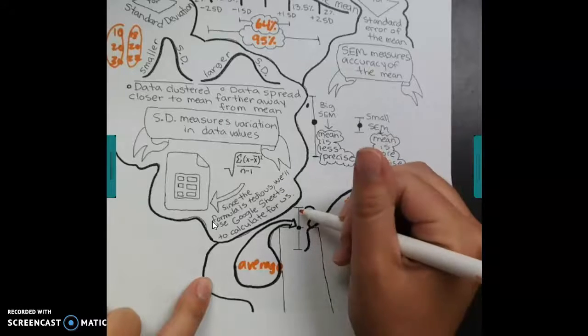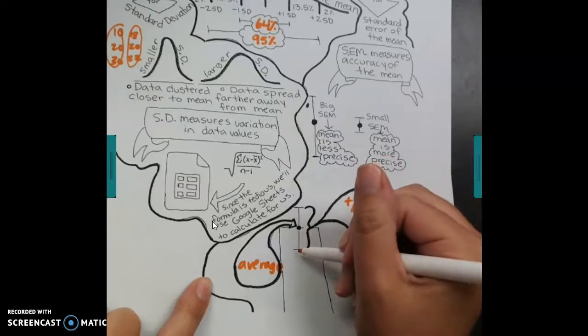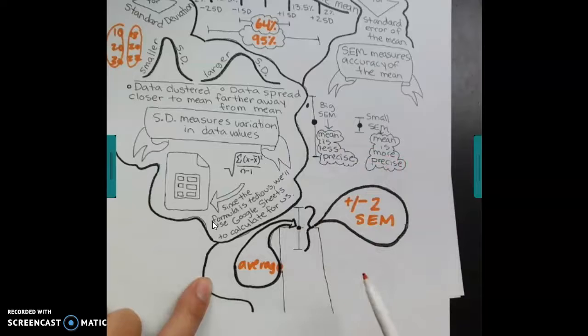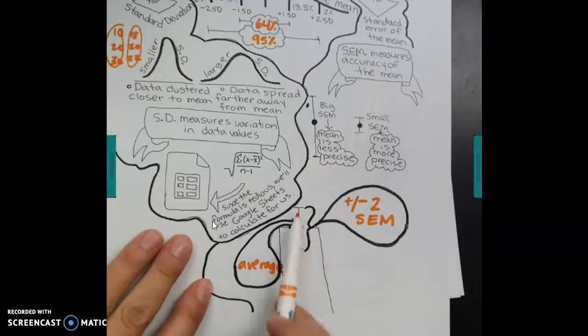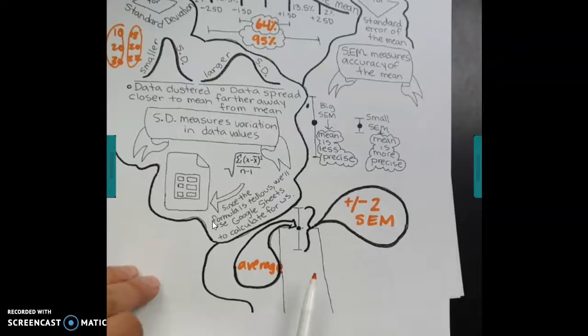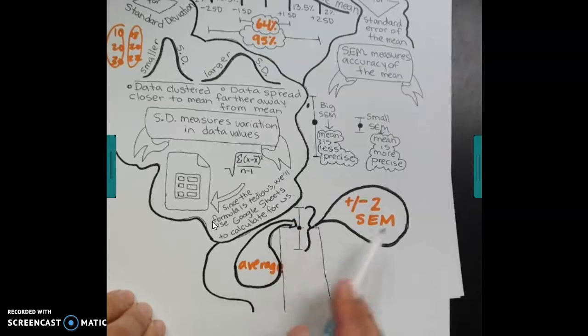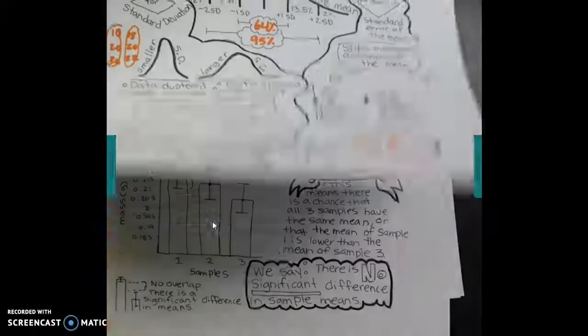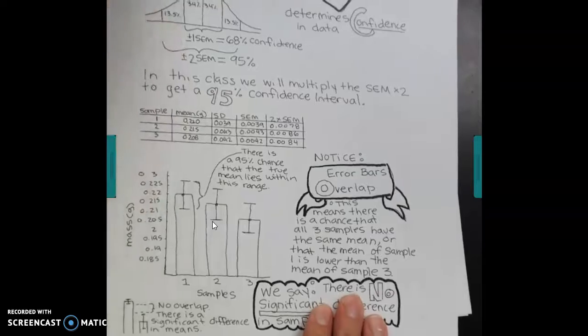So you will go up 2 standard errors of the mean and down 2 standard errors of the mean. If you're only calculating SEM, you would have to multiply that times 2. So SEM times 2, you go up that much and down that much from your average to make your error bars, because we always use plus or minus 2 standard errors of the mean. So plus 2 and minus 2. We'll do lots of examples in class.